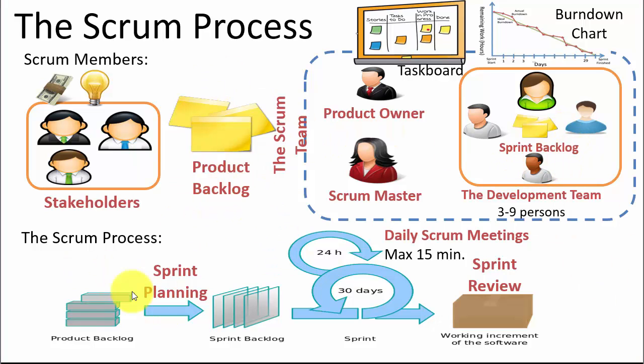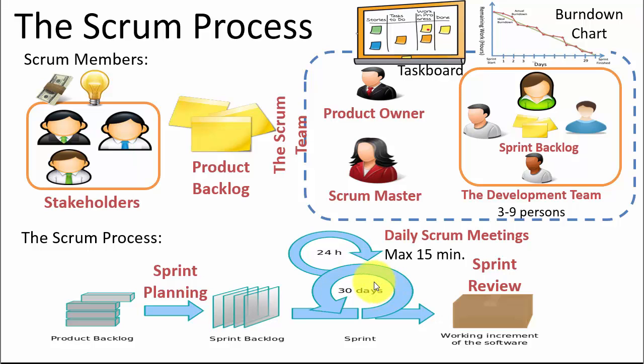So in the Scrum process, you start creating the product backlog, which is a list of work you want to do in the development phase. And then you have iterations, which are typically 2 to 4 weeks. The iterations are typically called sprints in Scrum.